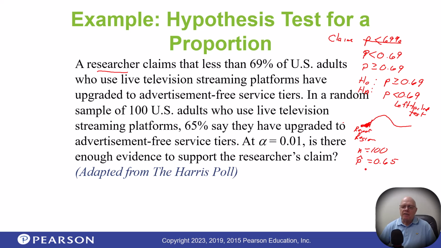And what do we have for alpha? Alpha equals 0.01. Now that means that since we've got a one-tailed test, this area up here is 0.01 of the total area under the curve of 1.